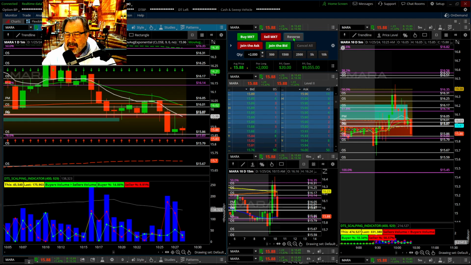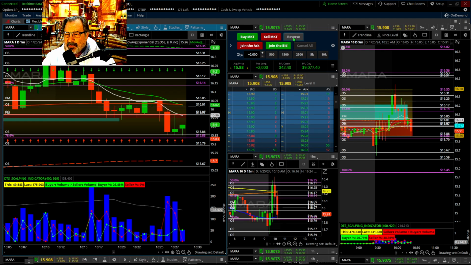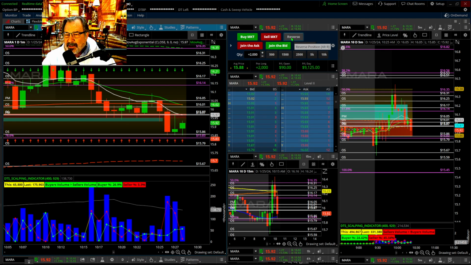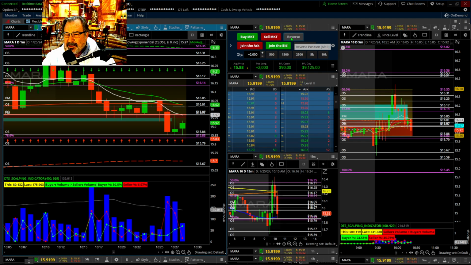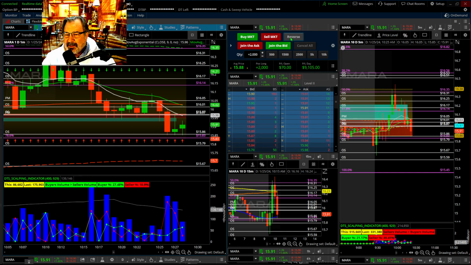I'm looking into the mid to high 90s, back up toward that support. Right now we're at 1590. It would give me 91, 92, 93, 92. I don't want to tell you where I'm looking, but I'm looking right in the center between the spread up there, the top of that level 2.